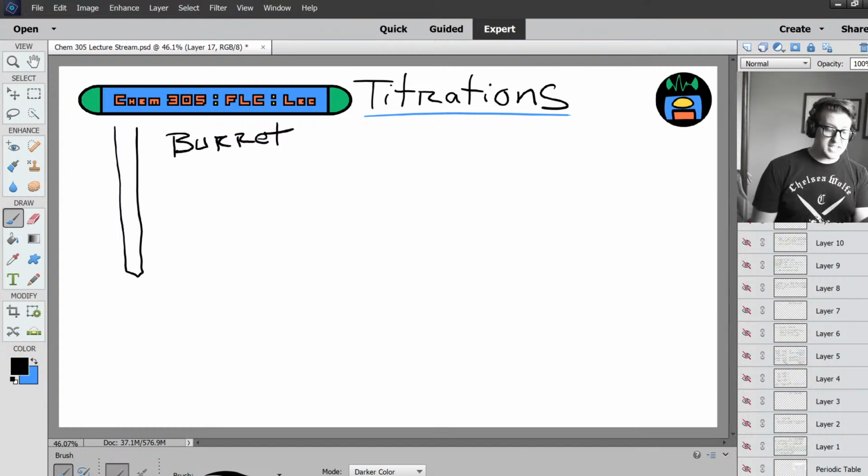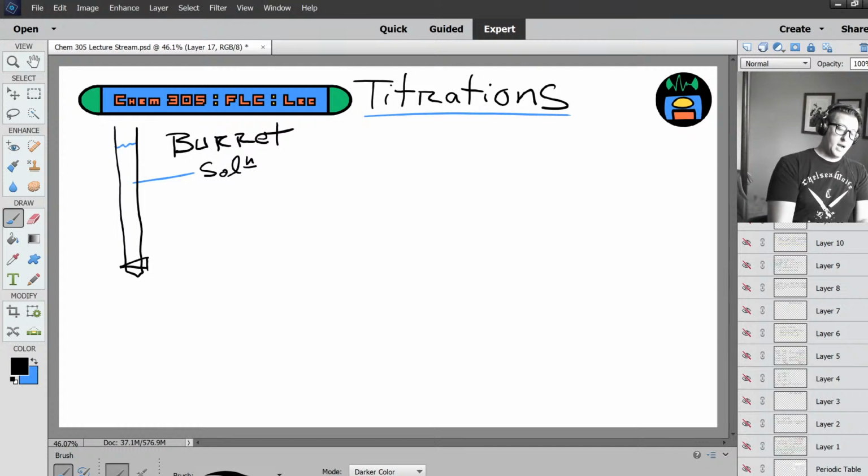Okay, so you've got this long glass tube called a burette, and in the bottom of it there is something called a stopcock that controls the flow of solution. So the burette is filled up with a solution of known concentration.